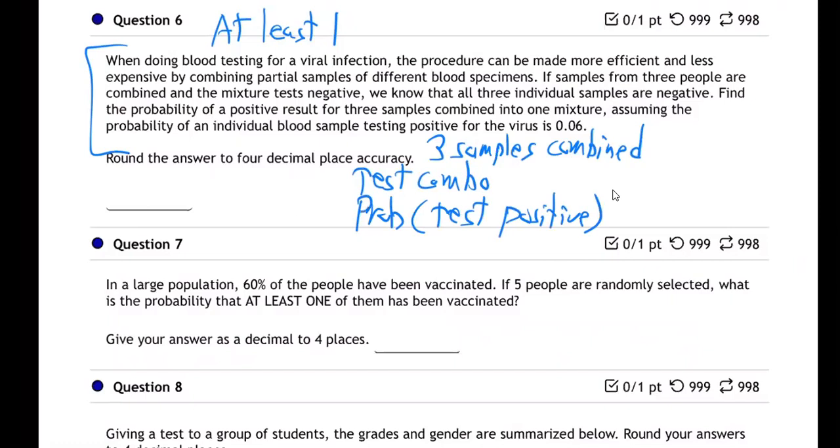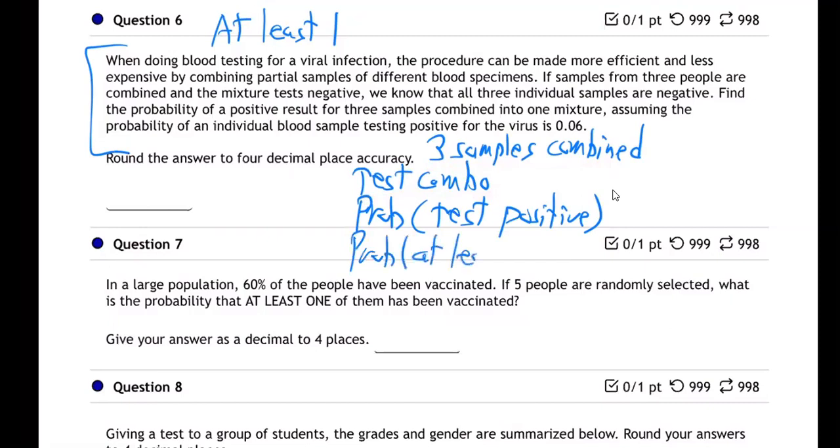They're saying, find the probability of a positive result for 3 samples combined. See where I'm getting at? They took 3 samples combined and they test the combo. What's the probability the test is positive? Well, what has to happen for the test to come out positive? Imagine testing for COVID like we're doing these days. If you combine 3 together and you test the whole combo at once, what has to happen for the test to come out positive?